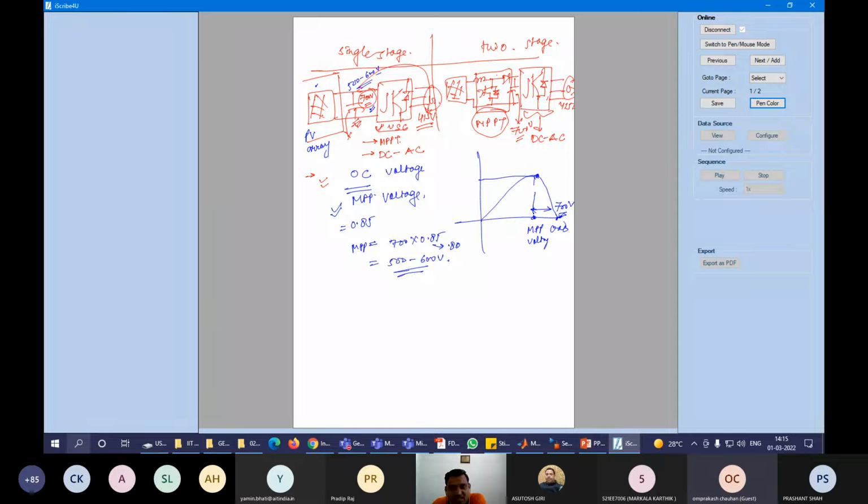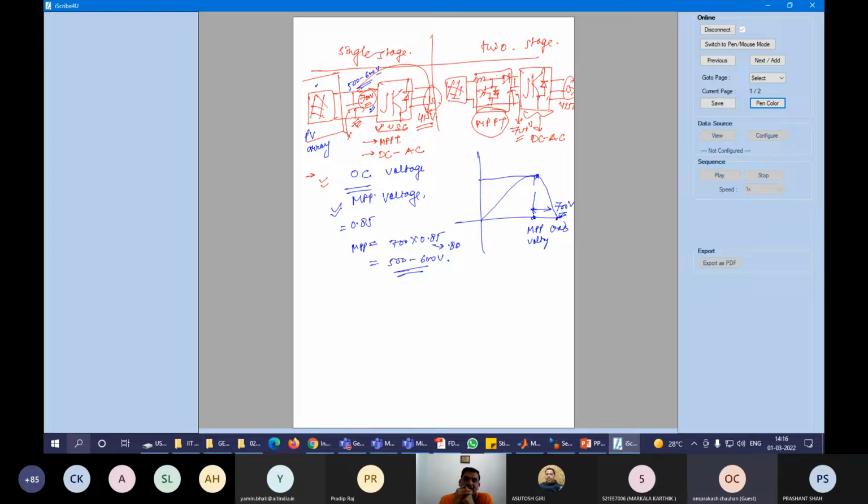So can you synchronize this much DC bus with the 415 volt grid if the DC link voltage requirement is 700? How can you synchronize your converter, your VSC, with the grid having a DC bus of only 500 to 600? You have to maintain the modulation index as well as the voltage ratio, DC bus and 415 volt grid voltage ratio.